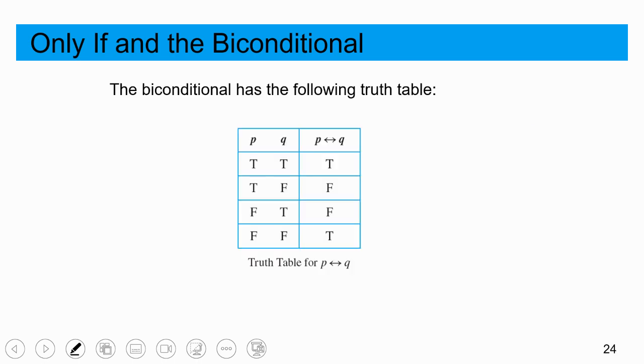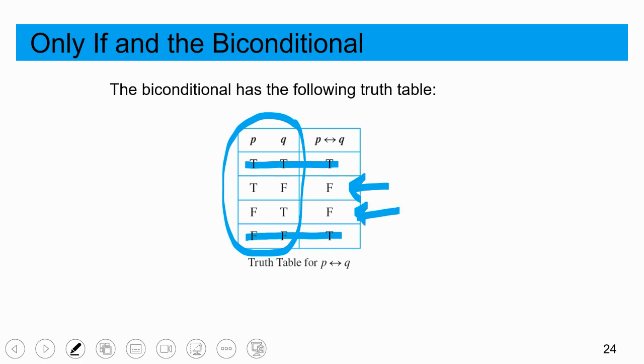Okay, so notice that in this truth table, the first two columns show all the possible truth value combinations of P and Q. It is true only when P and Q have the same value, like here and here. When P and Q have different values, then it is false.